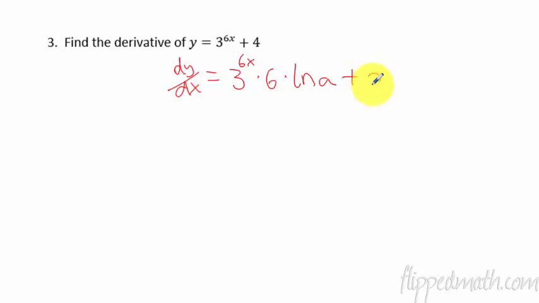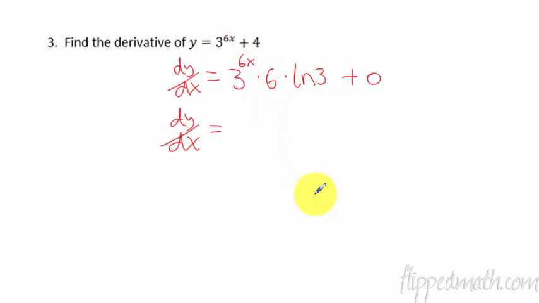The derivative of 4 is 0. So then our final answer for this one, dy dx, the derivative of y with respect to x, is, let's put this, I said a, oh my goodness. Some of you out there were like, Mr. Bean, you made a mistake. Mr. Bean, stop. Hey, look. This is natural log of 3 because it was the base 3.